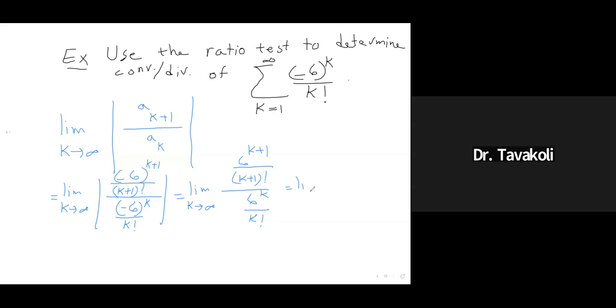Now let's simplify this fraction. The product of these two goes to the top, so 6 to the power of k plus 1 times k factorial will be on the top, and the product of these two goes to the bottom, which is 6 to the power of k times k plus 1 factorial.